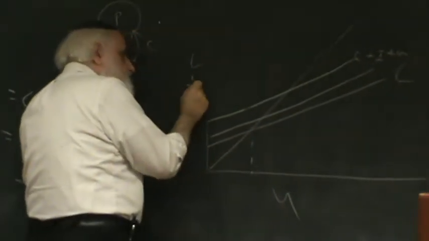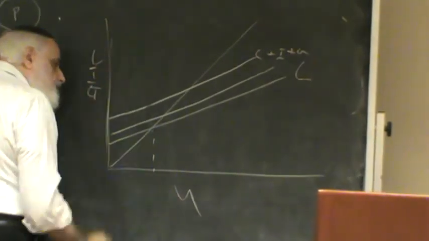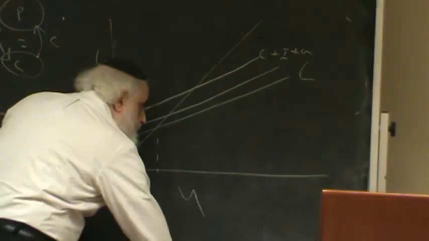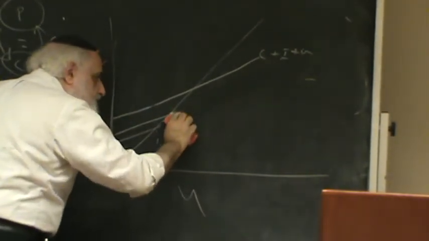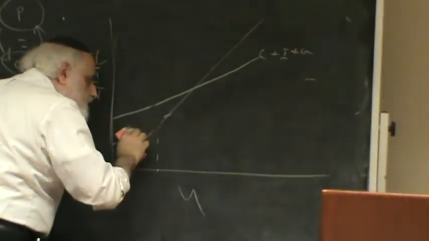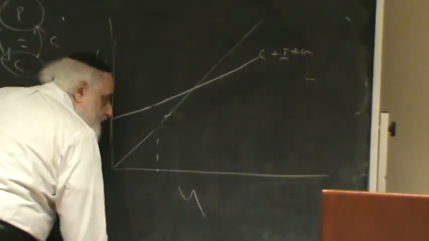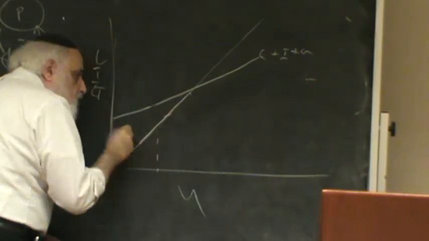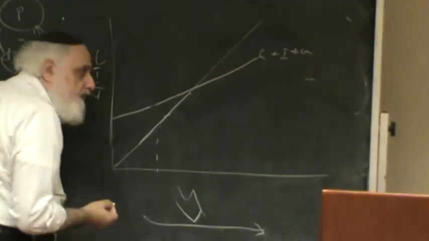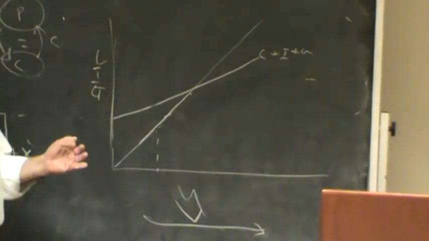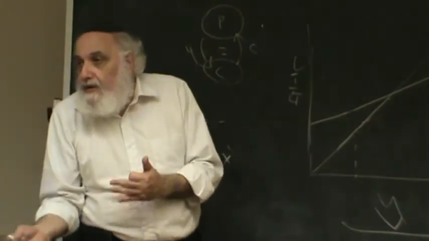This measures C, I, and G, all three of them, on the vertical axis. And now you're looking for the same thing as before: the point along the C plus I plus G line where it's equal to the x-axis, which is Y. It also has to be on the 45-degree line.